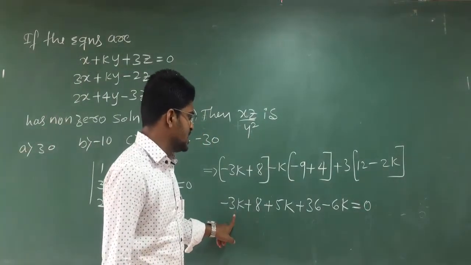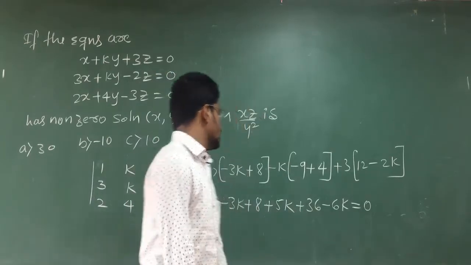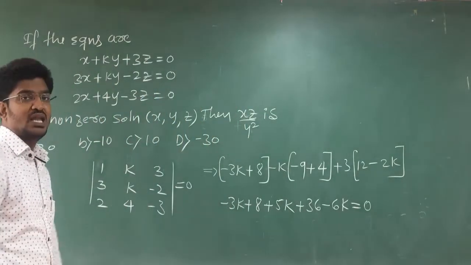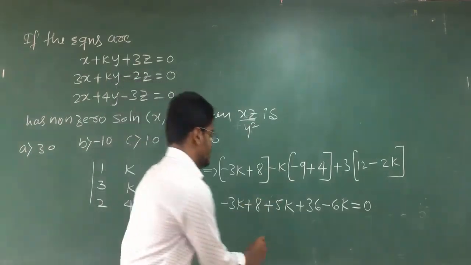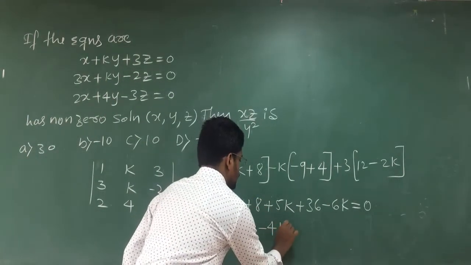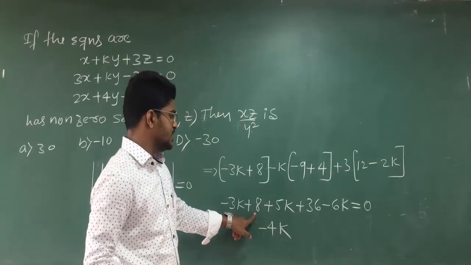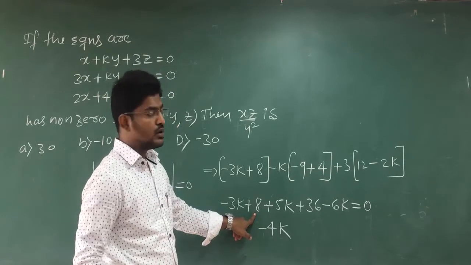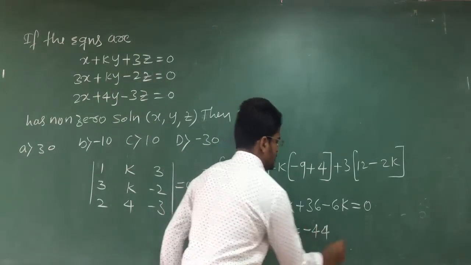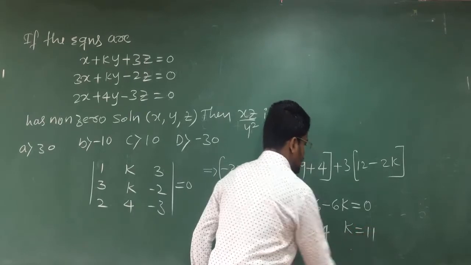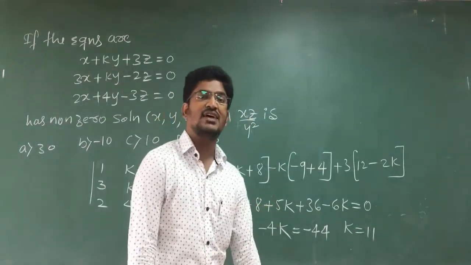So minus 3k and minus 3k will be minus 9k. Minus 9k plus 5k will be minus 4k. So this is 36 plus 8, it will be 44. If I take it to that side, it will be minus 44. It implies k is equal to 11. Clear? So we got the k value as 11.